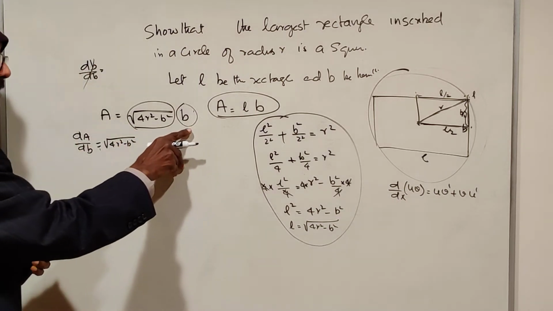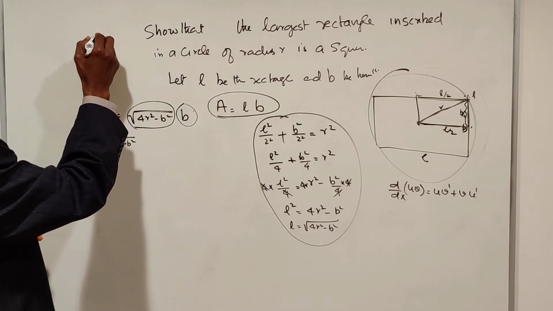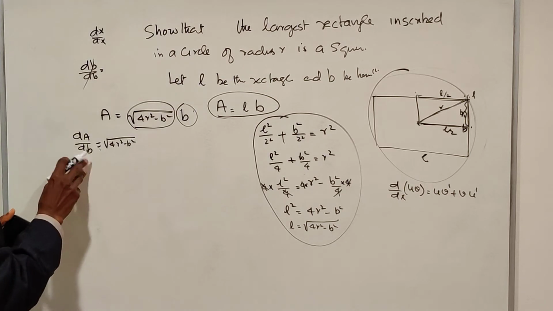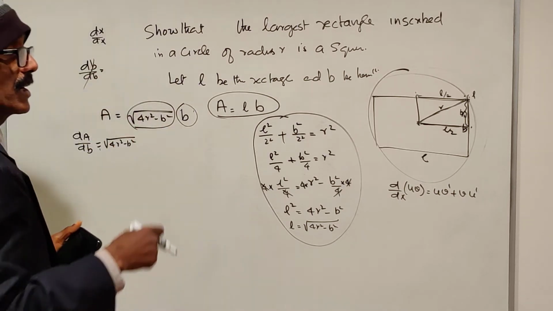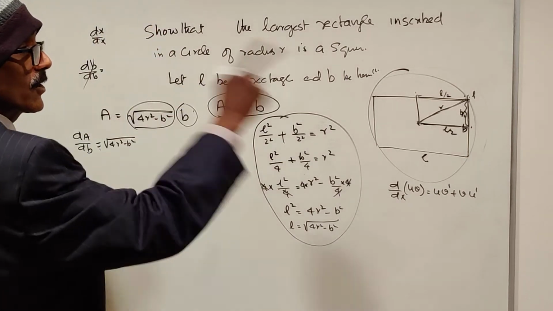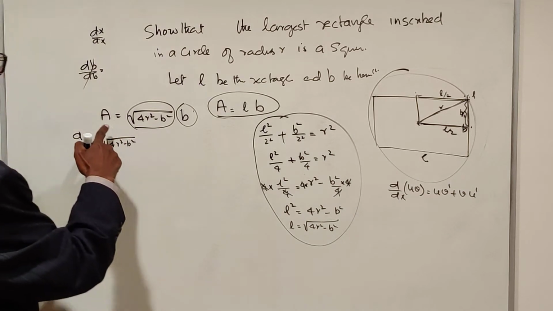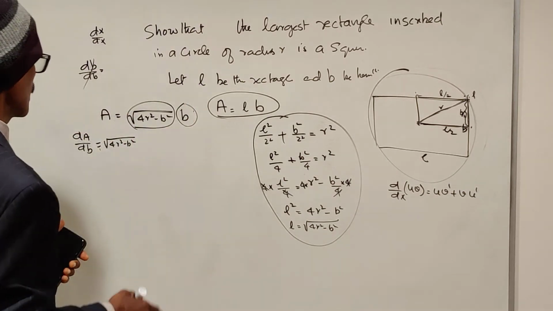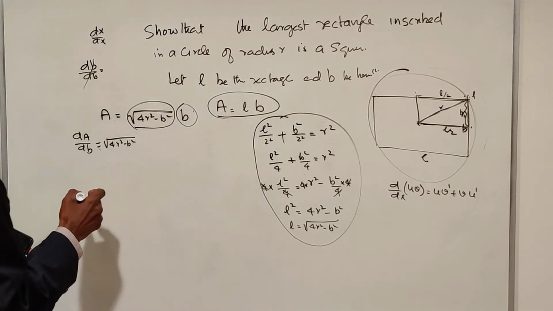It is like x; the derivative of x is 1, dx by dx. Before, we did so many problems like y is equal to a function of x. Here it is a function of B, not x. A, the area, is a function of B. That is the relation.